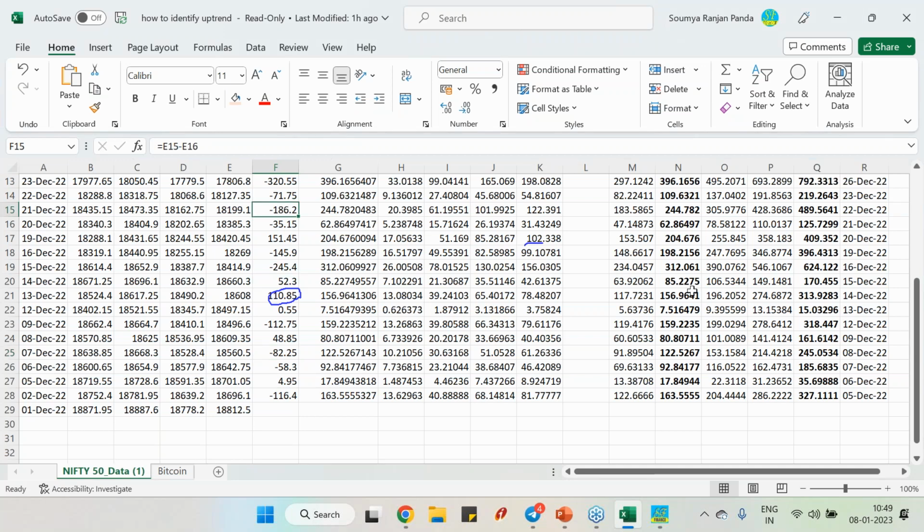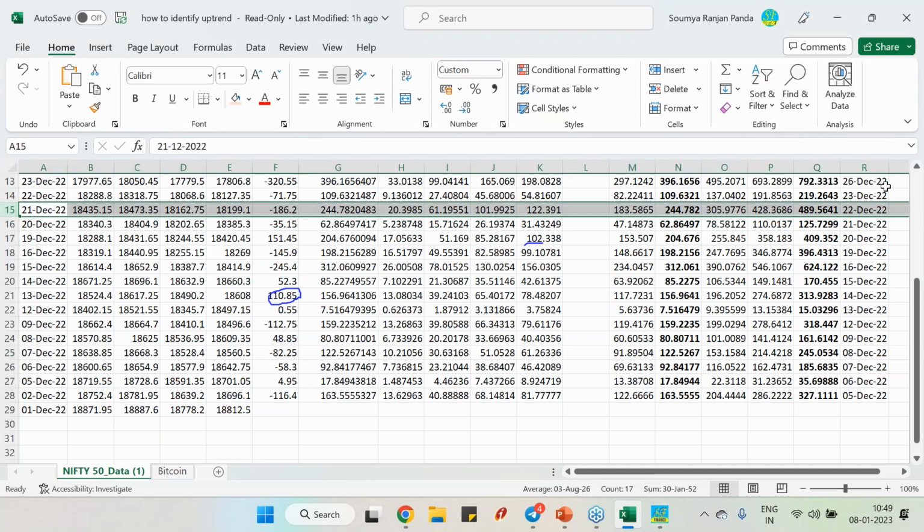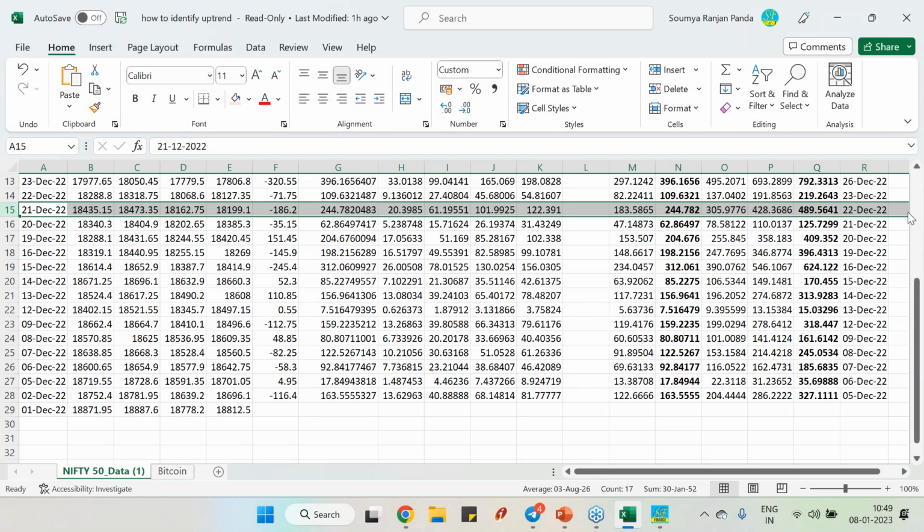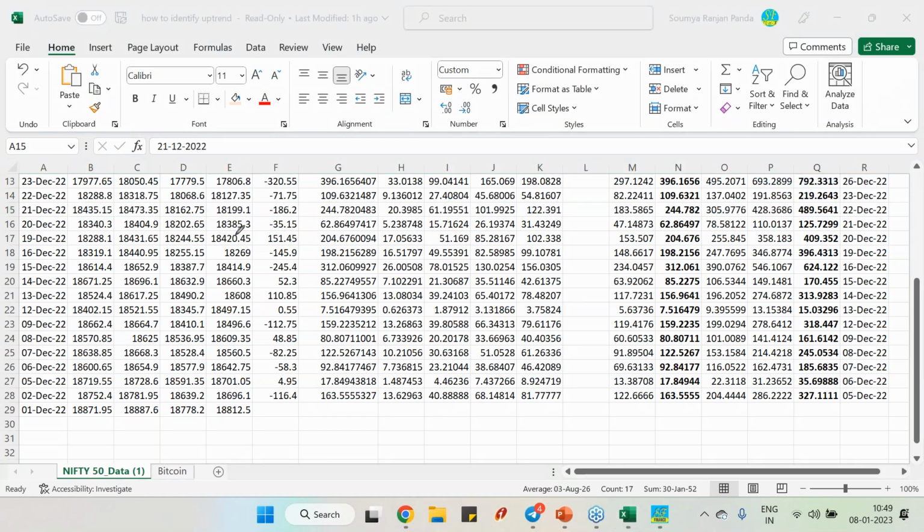This is also a classical example here, 21st December. Look at here. We have expected 186 points, and the next day we want 224, 244 points maximum, but on 22nd December it is just closing at negative 71.